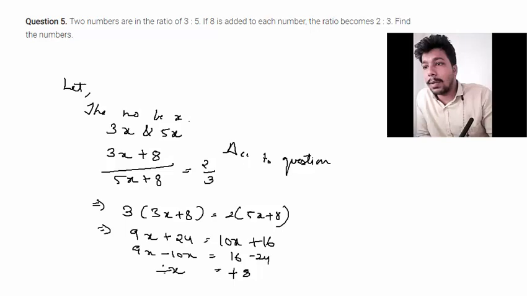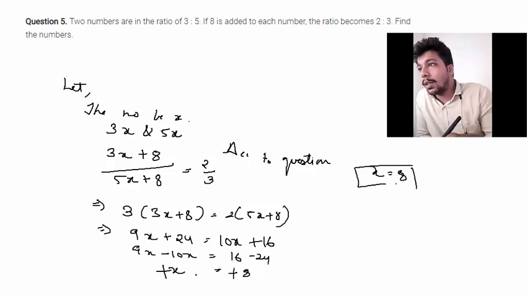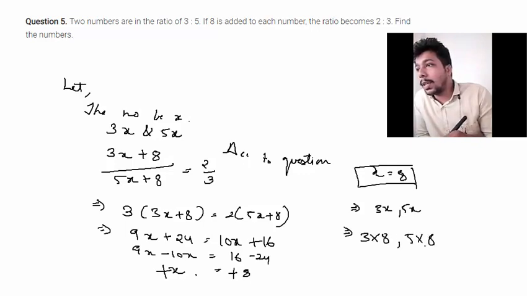So the minus gets cancelled by this minus, and we are getting the value of x as 8. So the value of x is 8, and they are asking to find the numbers. So the numbers are 3x and 5x, so 3 into 8 and 5 into 8. So the first number is 24 and the second number is 40.